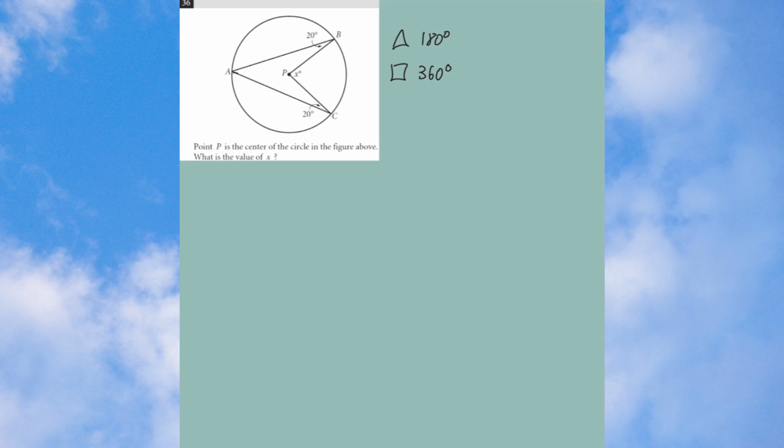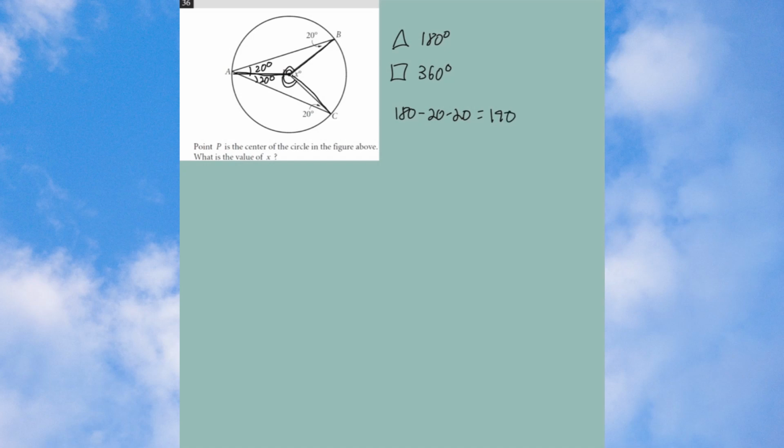We can divide this quadrilateral into two triangles, and we see that PB and PC are radii, so PA will also be a radius line. So we know that this angle here is also 20 degrees, and that this angle here is also 20 degrees. So we can find this angle at the center for both of these triangles. 180 minus 20 minus 20, which is how we get this angle here in the middle, is equal to 140.